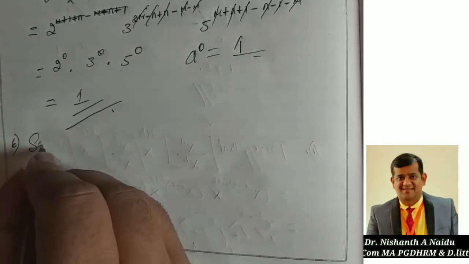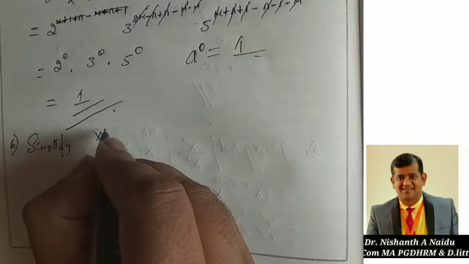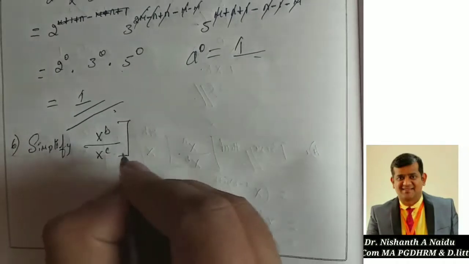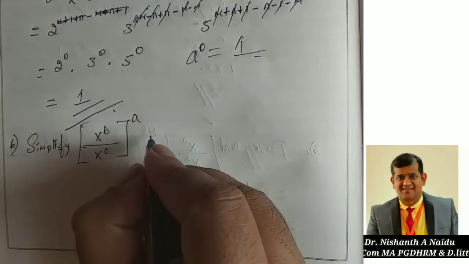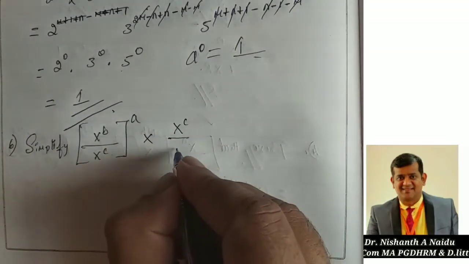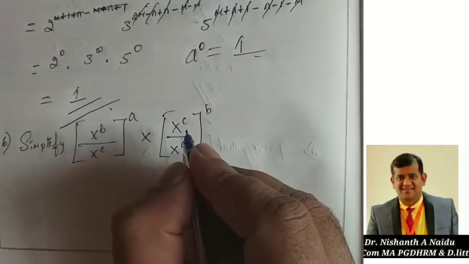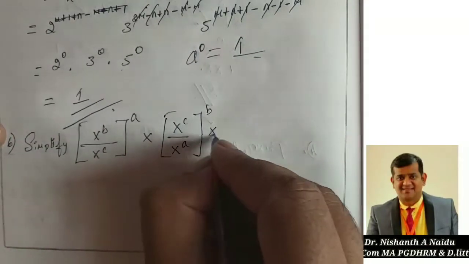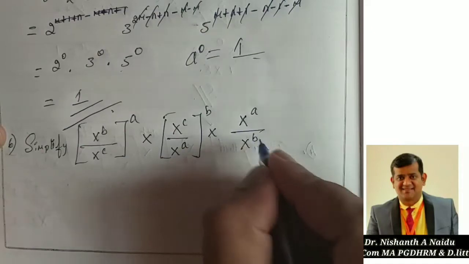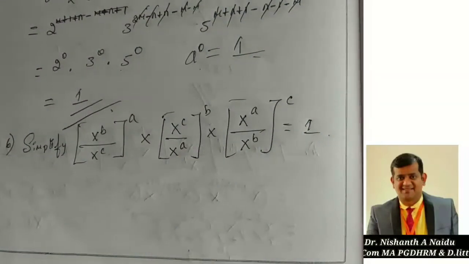The problem is: simplify x to the power b divided by x to the power c, whole power a, into x to the power c divided by x to the power a, whole power b, into x to the power a divided by x to the power b, whole power c, is equal to 1. So this is the problem.